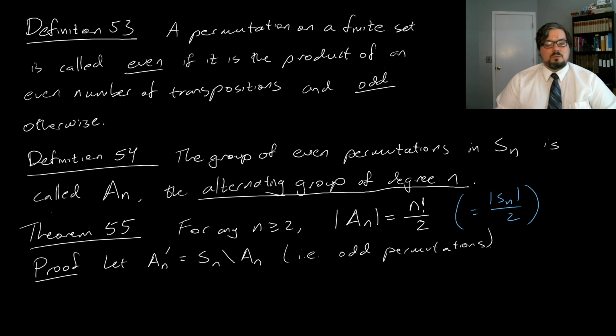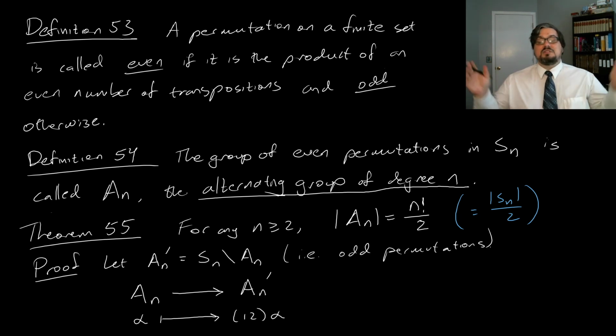And then what we want to do is we want to set up a function that goes from An to An prime, and it's going to take any permutation and send it to the permutation multiplied by the transposition (1,2). And we know that this works because if alpha belongs to An, that means it's an even permutation.